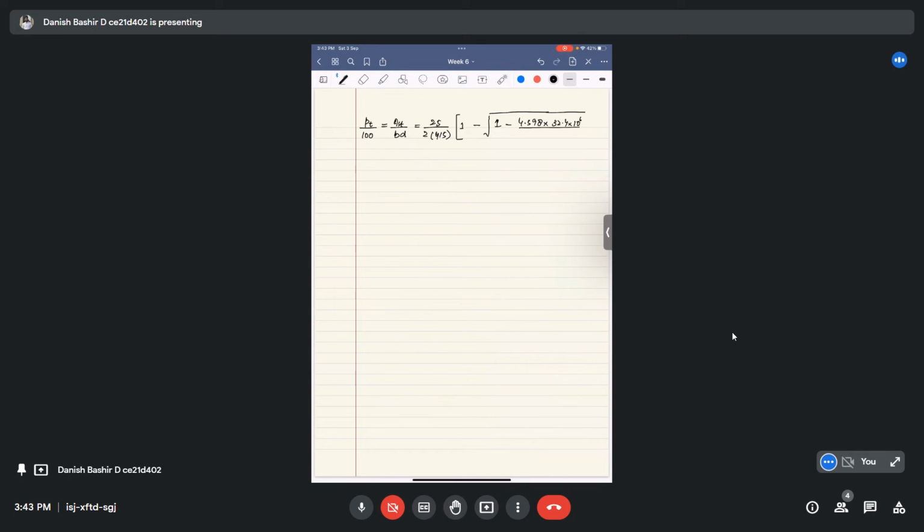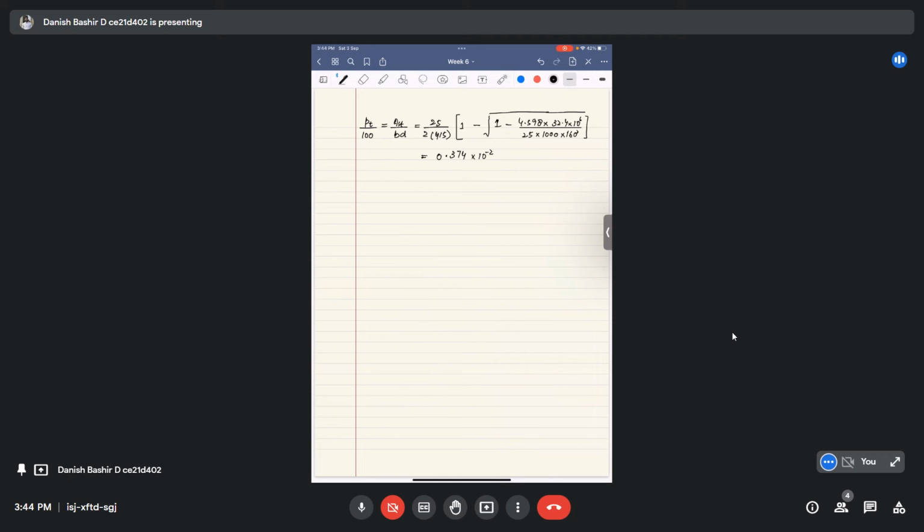Now we are having our fck as 25, b as 1000, and d as 160 square. When we calculate all these values, we will get this value equal to 0.374 into 10 to the power minus 2.